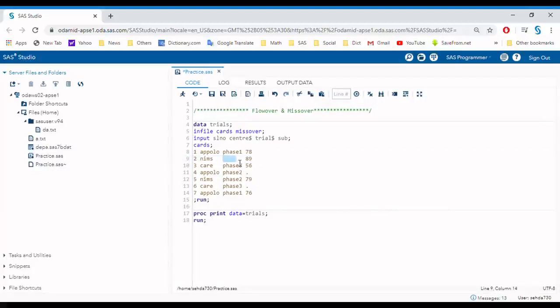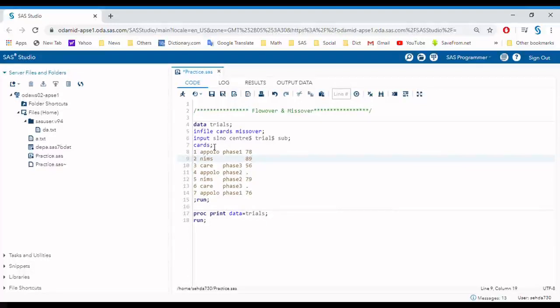The question can be: if this is missing, will it be considered missing, and then will 89 be read under sub? No, because as I told you, Missover handles the values which are missing at the end, not in the middle, not at the start. So don't get confused with that. Missover handles the values which are missing at the end of the observations.